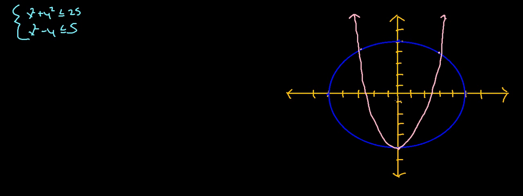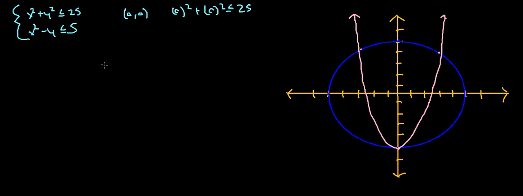And to test which part of the graph is true, I pick a point. I'll pick 0, 0. 0 squared plus 0 squared is less than or equal to 25, which is true. So this entire region inside of the circle is true, also including the circle itself.